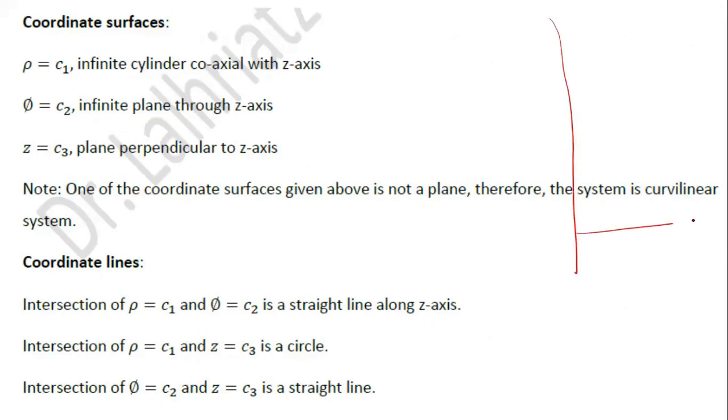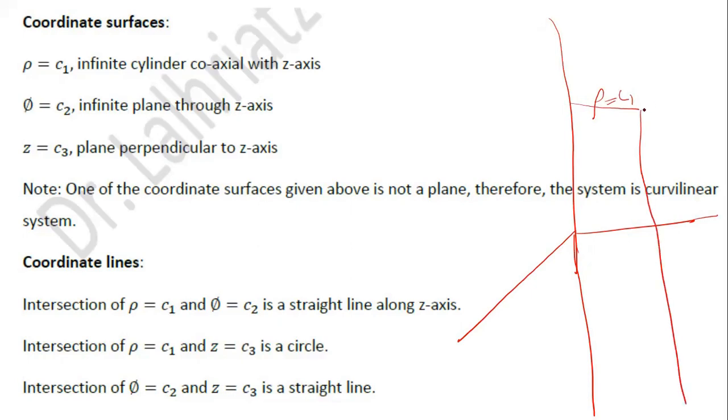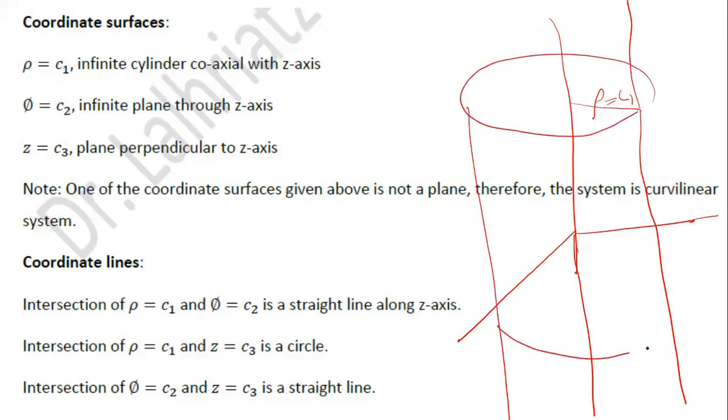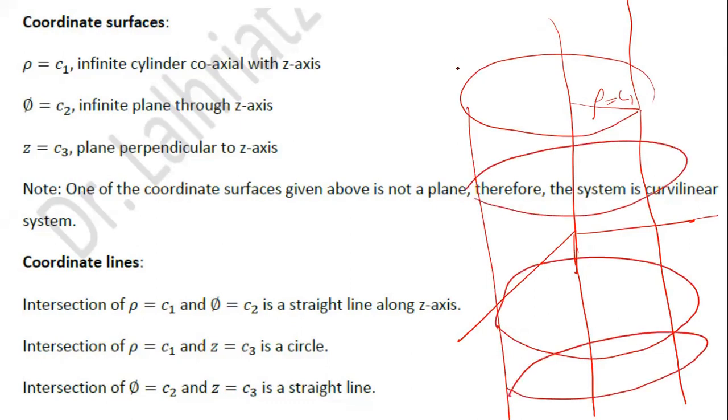If you fix rho equal to c1, that is, the rho value is fixed, and if you keep the remaining variables like phi and z to be variable, you will have a cylinder like this. Okay, you will have a cylinder.